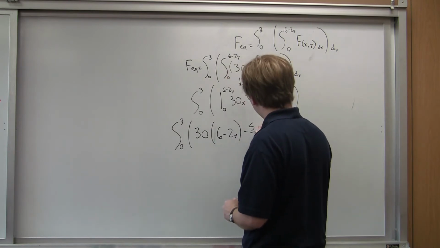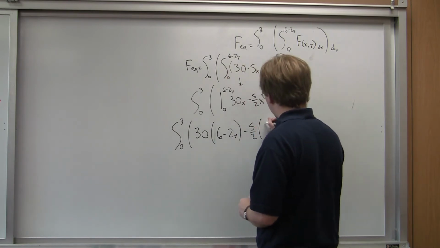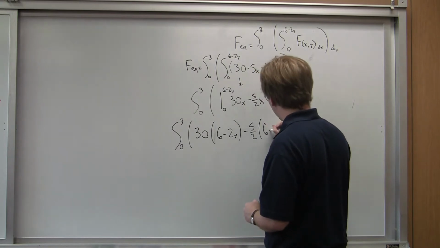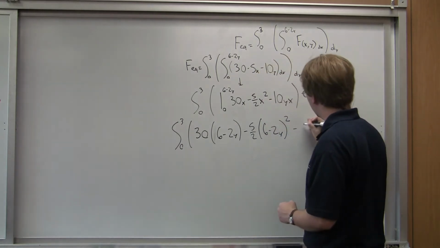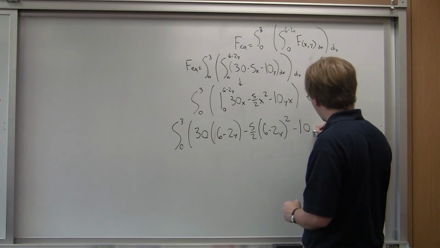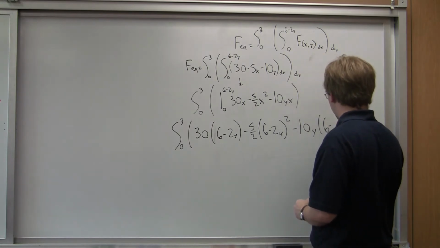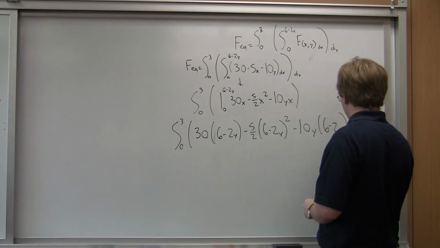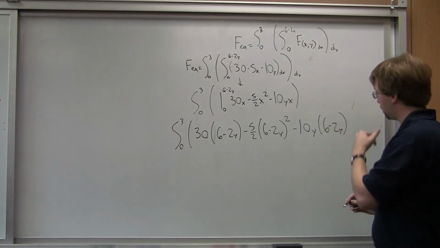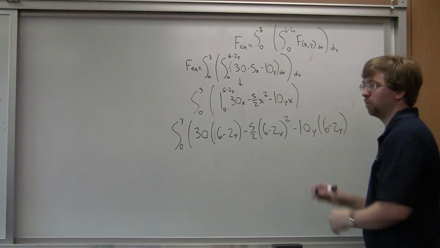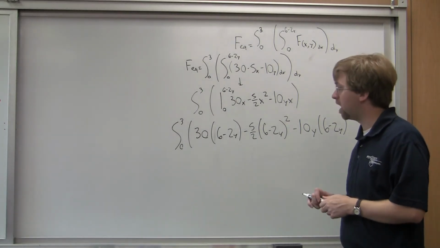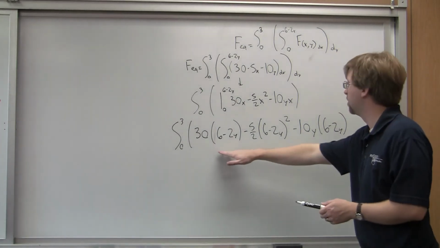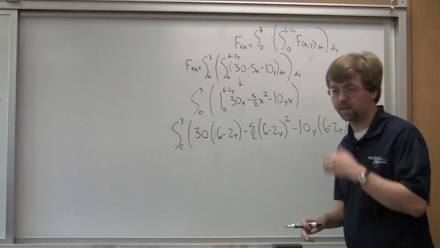minus 5 halves times 6 minus 2y squared minus 10 times 10y times 6 minus 2y there. Alright, so we do a little bit of algebra here. Honestly, you can use MATLAB to simplify this function a lot easier.